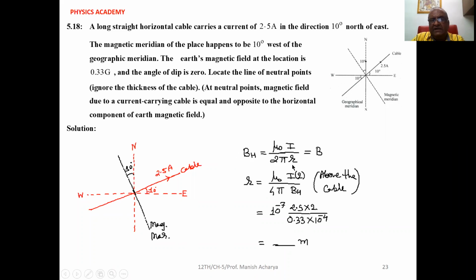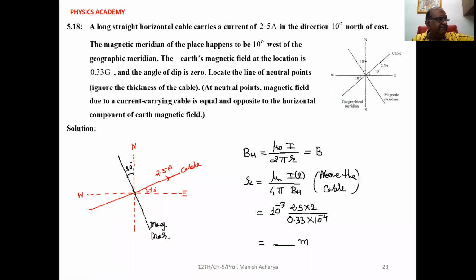Now r that is equal to mu 0 upon 4 pi I into 2 upon BH. Okay, to make here 2 pi to 4 pi, it is multiplied by and divided by 2. Now, this particular point that will be above the cable.